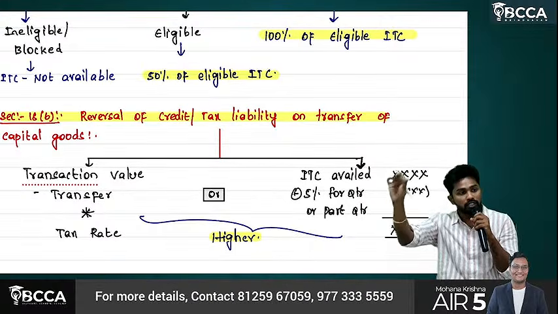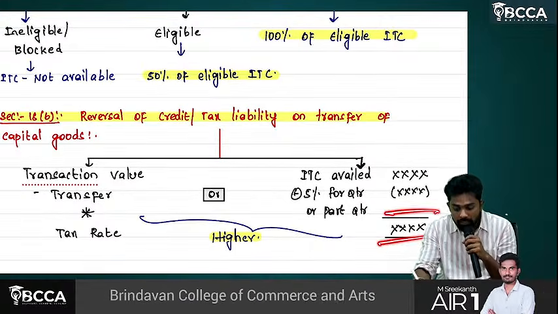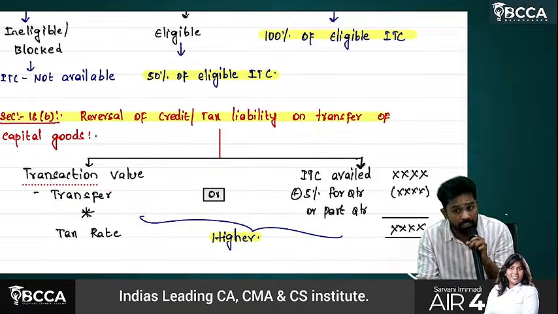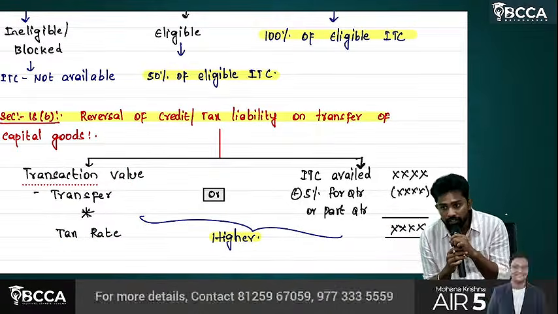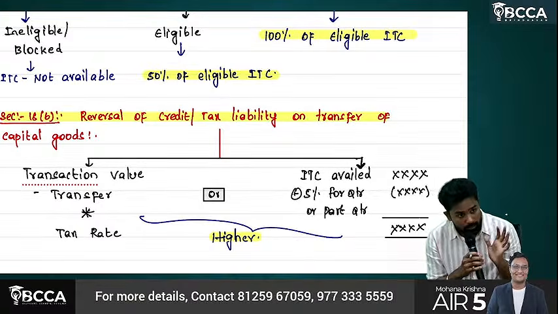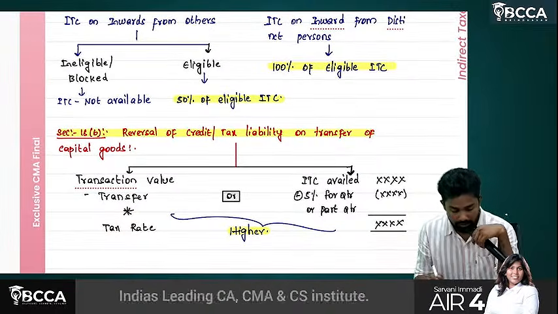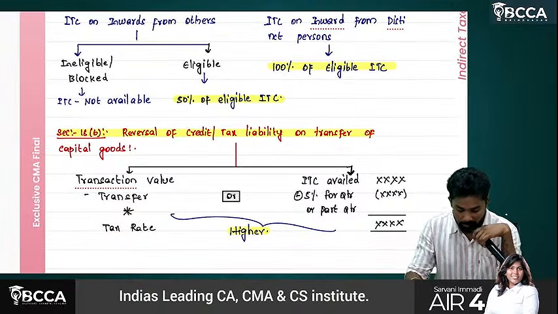That many quarters into 5% you subtract, and the balance amount or the sale value into tax rate, whichever is higher, you have to pay on sale of a capital good. Sir, are you able to understand? Okay, so let me solve certain examples or questions related to this part, sir.